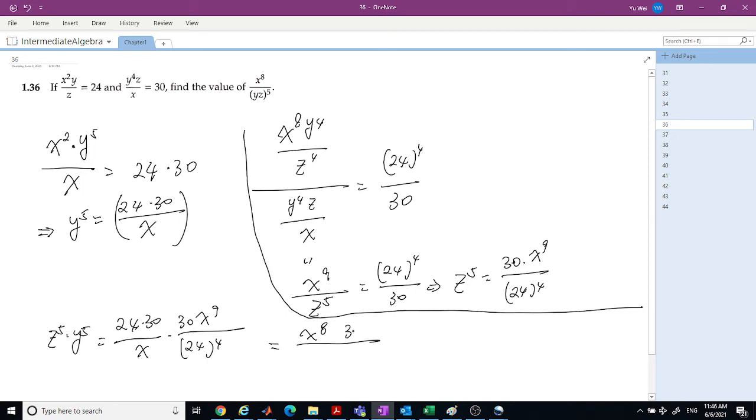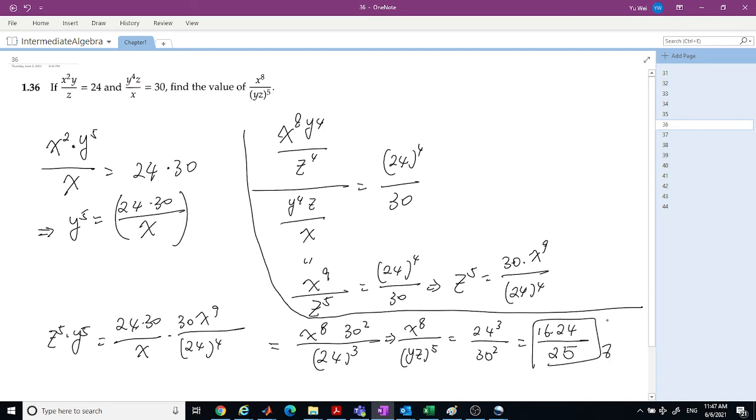We have 30 squared over 24 cubed. Now we can solve x to the 8 over (yz) to the 5 is 24 cubed over 30 squared, right? So the final answer will be 16 times 24 over 25. Okay.